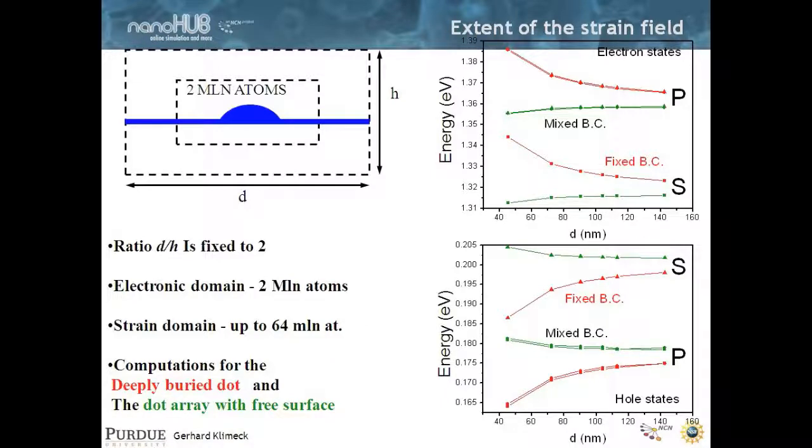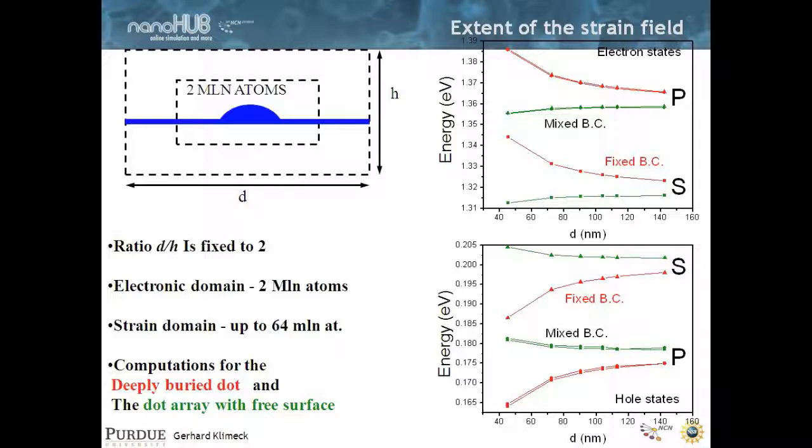And here's a similar experiment, but now instead of making all the domains of the same size and making it bigger in all three dimensions, we've fixed a ratio between distance and height. So here we're expanding the sensitivity to distance laterally versus height. And we look at the slope of these eigenstates and look at the deeply buried dot.